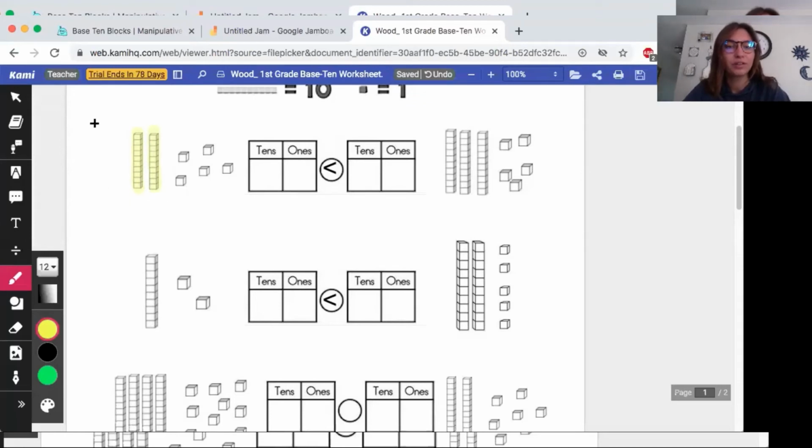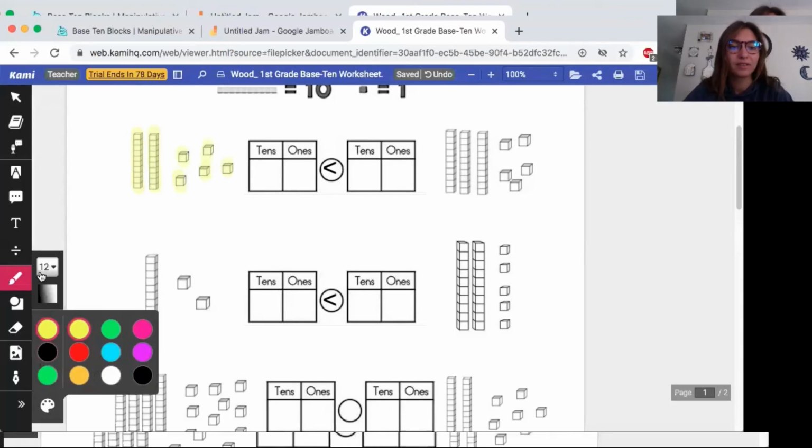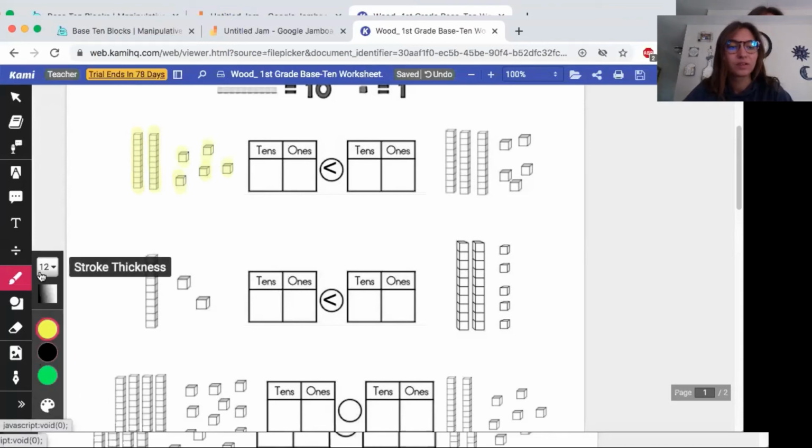So this is worth 20, because remember, 10, 20. Okay, now let's see how many single units there are. I see 1, 2, 3, 4, 5. So let's count on from 20, 21, 22, 23, 24, 25. Okay, our first number is 25.